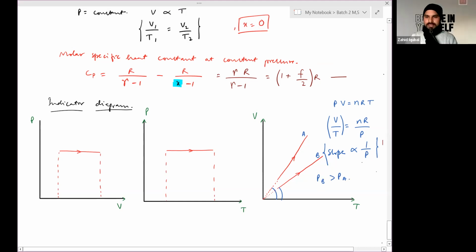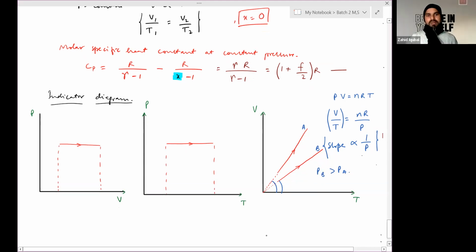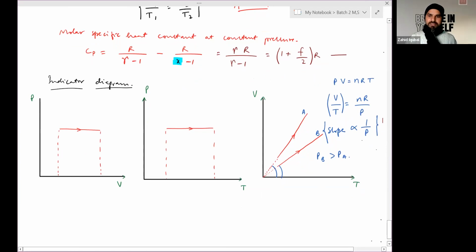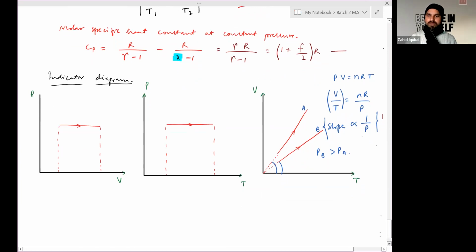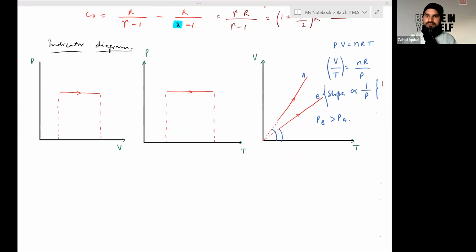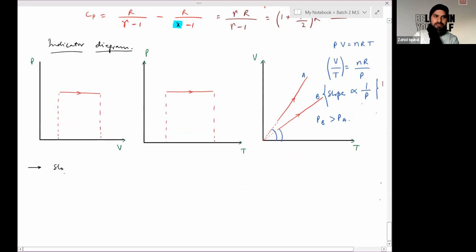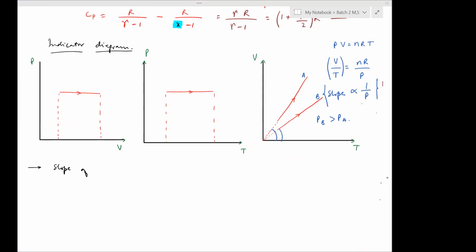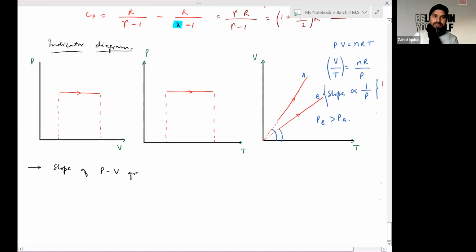Now, related to this curve, for the PV curve we have to calculate some quantities. First is the slope of the pressure versus volume graph.